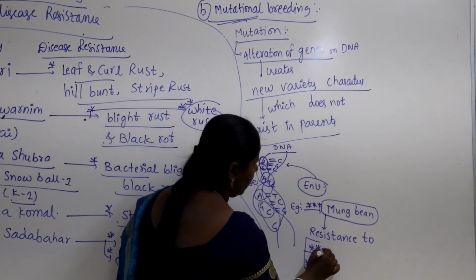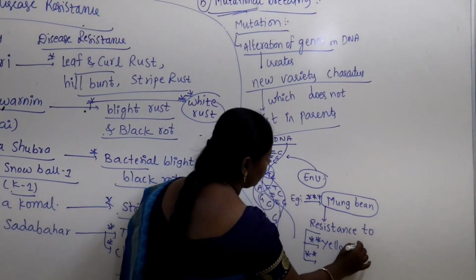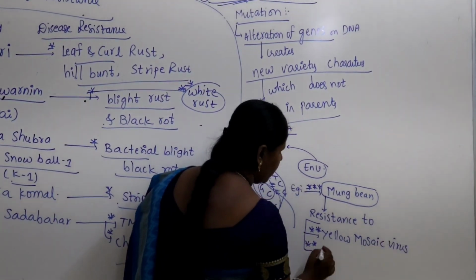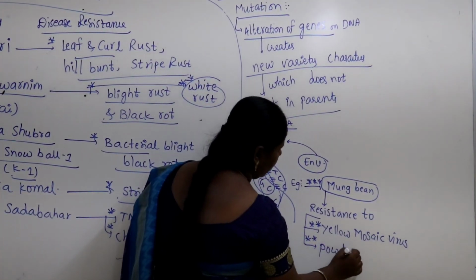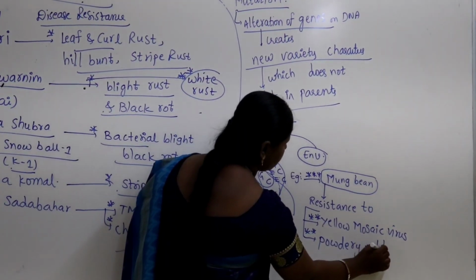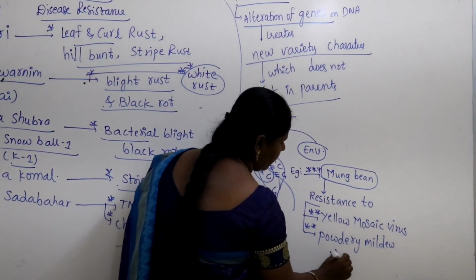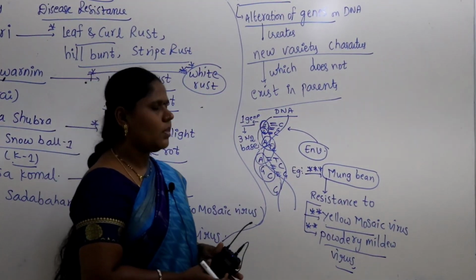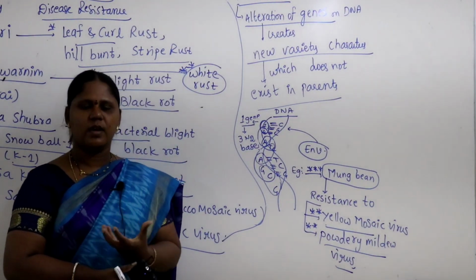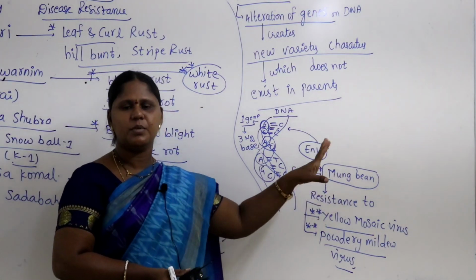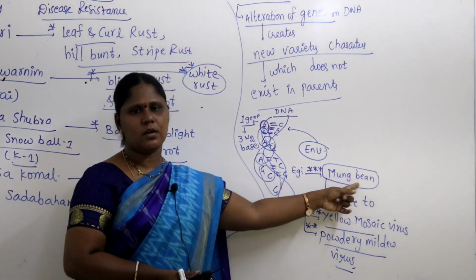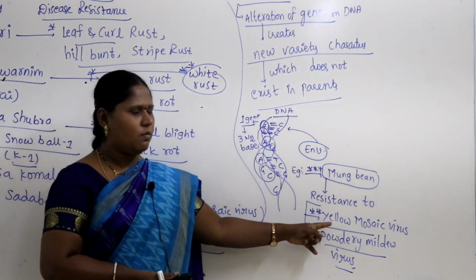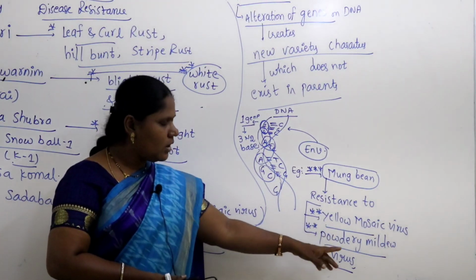One is yellow mosaic virus and the other one is powdery mildew virus. Yeah, very important. Earlier, the natural mung bean variety, a bean variety, was most commonly infected and affected by the two diseases. What are they? Yellow mosaic virus and powdery mildew virus.